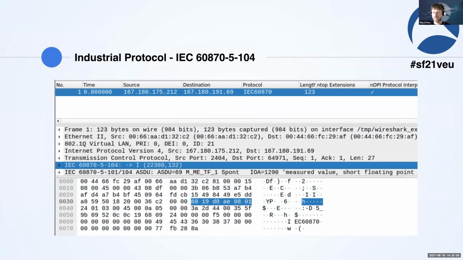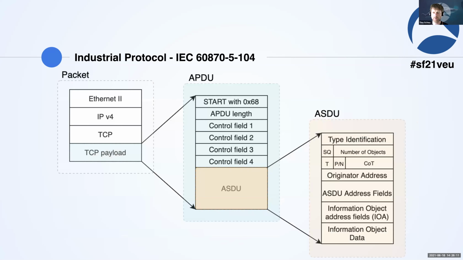Wireshark installation. But as I said, normally the installations are vendor or site specific, so sometimes you need to add something more. For that, we have a short look at how the protocol is built up. You have the payload. In the payload, you have this APDU object with some control fields and the length. Then, as the payload of the APDU, is the ASDU.